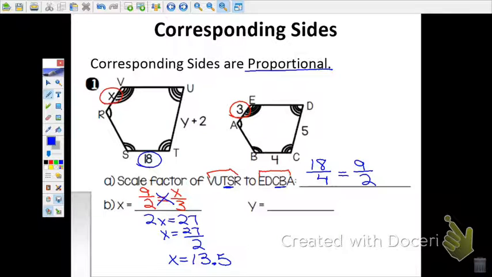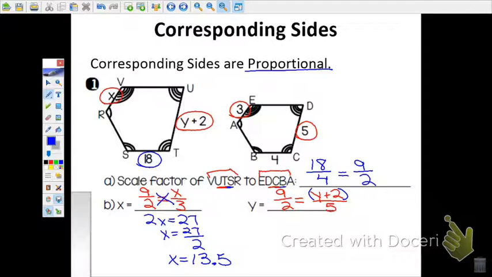I'm going to do a similar process to find y. So again, we start out with that scale factor of 9/2. To find y, y is in this side UT. UT are the second and third letters, so that corresponds with DC, which is 5. So y plus 2 over 5. Now I can cross multiply.